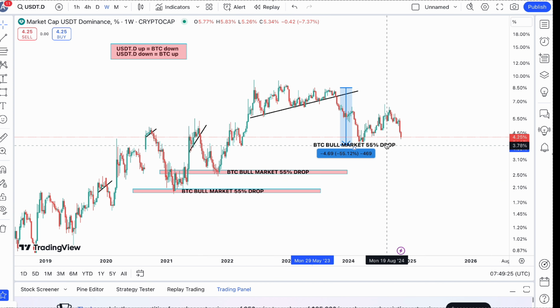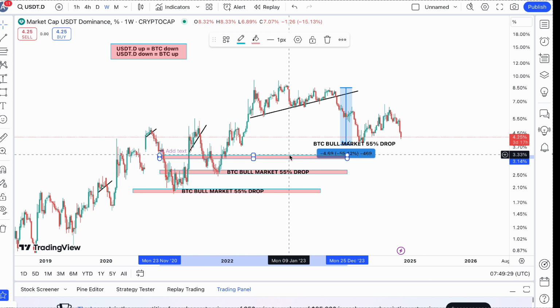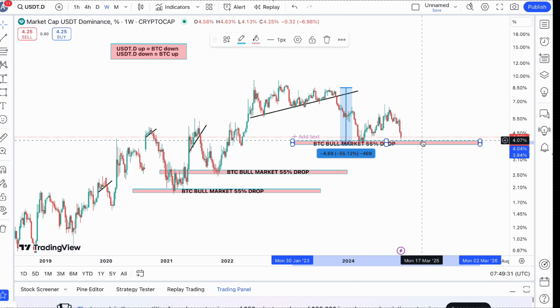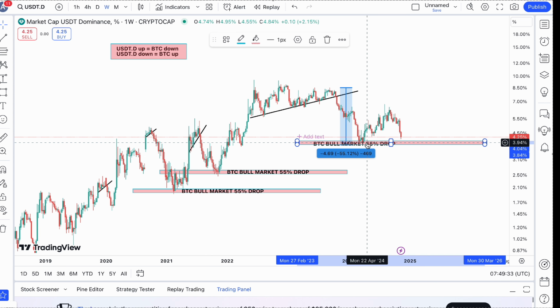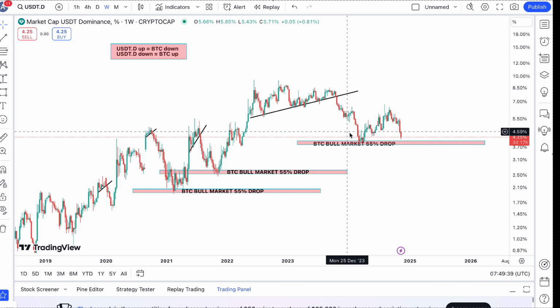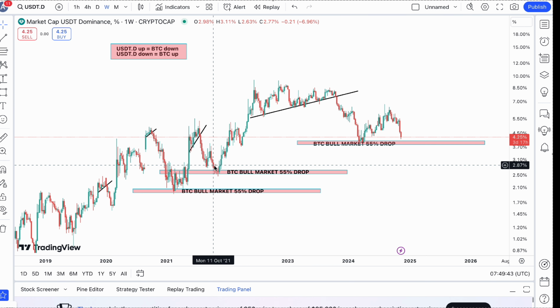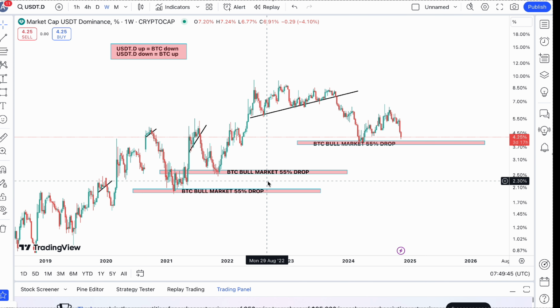So again, we copy paste this. And guys, now we should see a pattern incoming, don't you think? So every time Bitcoin has massive upside momentum, USDT dominance on average falls with 55%.